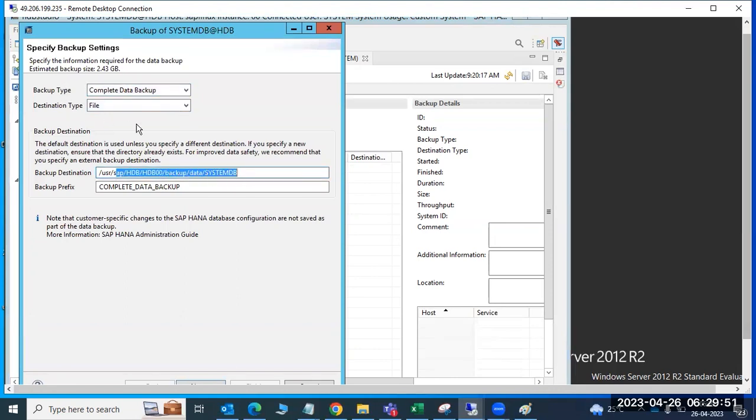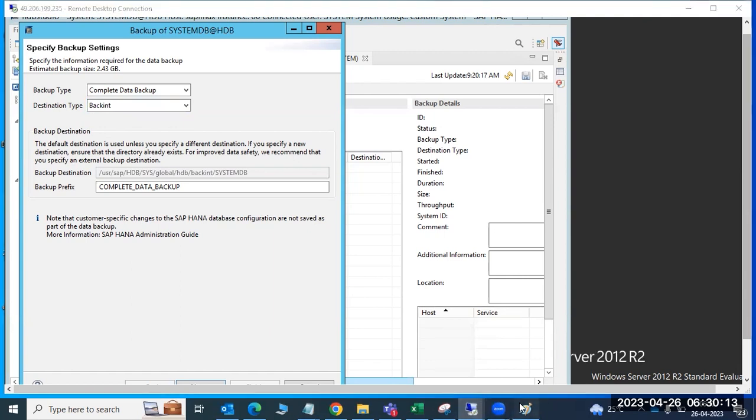Types of backups: you can see here there are three types of backups, complete backup, differential backup, and incremental backup. These three types are available in the system. Then the destination type, either file type or back INT, which I explained.